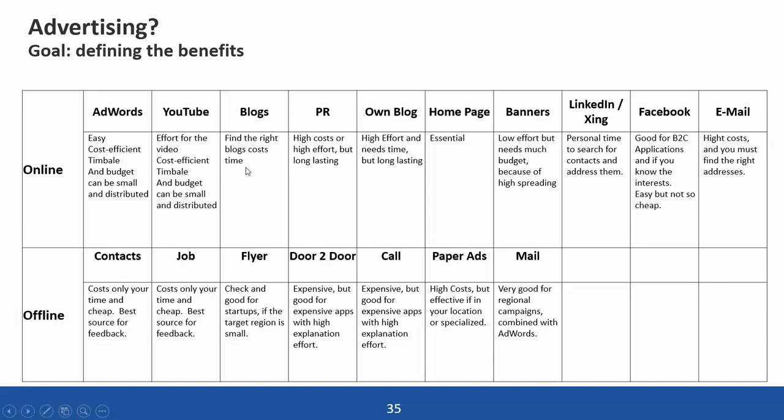External blogs are really good if you are a step further, because you first have to search for them, and you have to invest some money to put some banners, some advertising on them. This is not so easy, and it will cost you some time and money. PR is something in the middle.